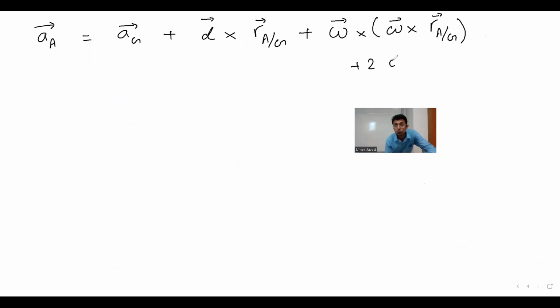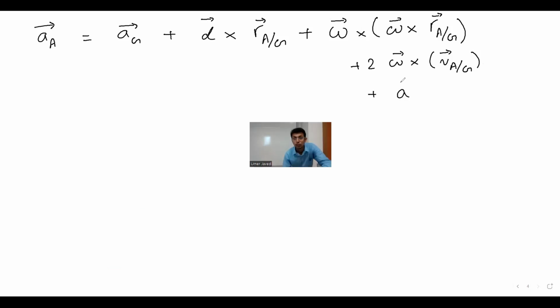plus 2 omega cross velocity of A with respect to G. Coriolis is not here, so it's a joke that we are even writing it here. AA with respect to G, small xyz, and I apologize, here there will be small xyz.